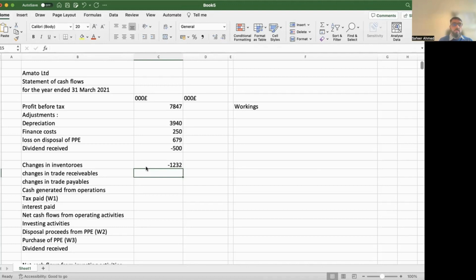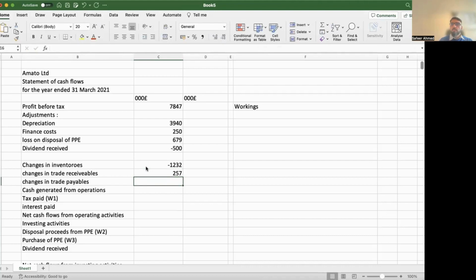So therefore, decrease in receivables will be a positive cash flow because the company has received money. So because it's positive, I'll start with the bigger amount here, which is 9983 minus 9726.